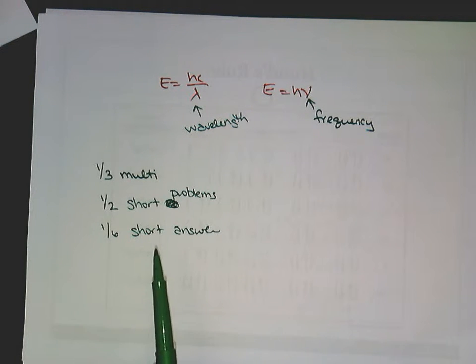Short answer, where it's going to be like, what's the relationship between energy and wavelength? In a sentence. You know, one goes up, one goes down, something like that. Or, what is constructive interference, right? Any of those, like, one sentence things that have been on your homework. So, it takes like a sentence or so to answer.